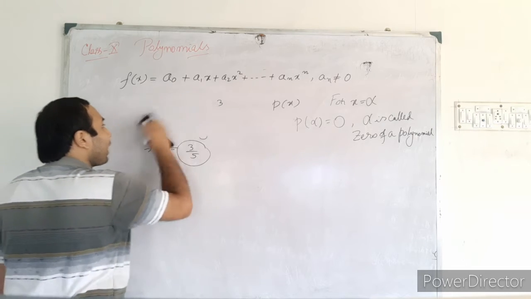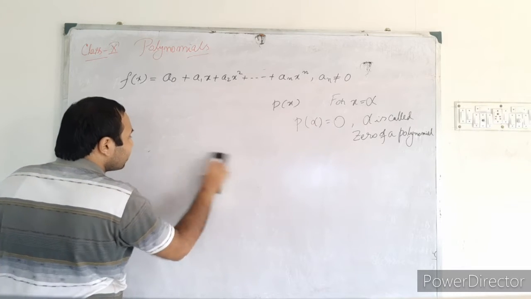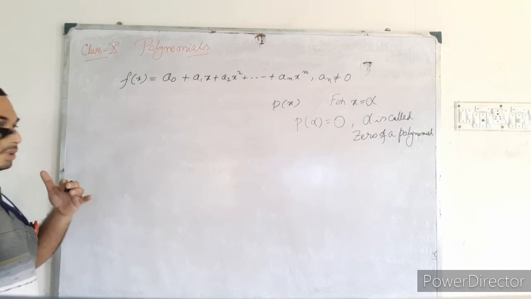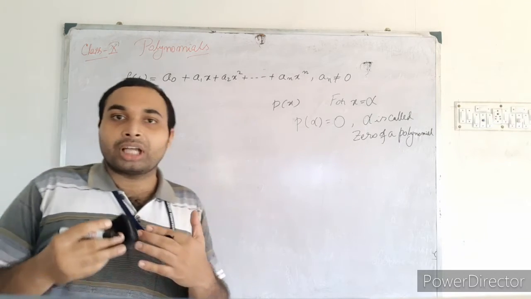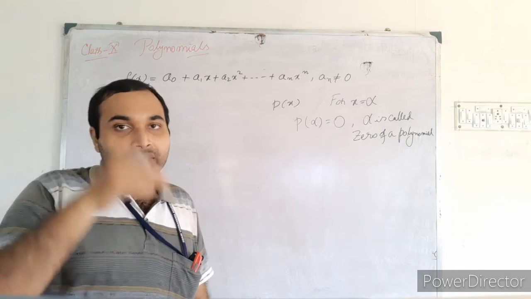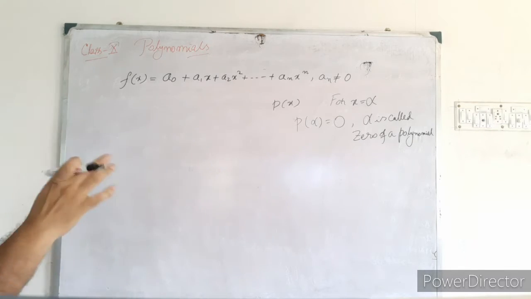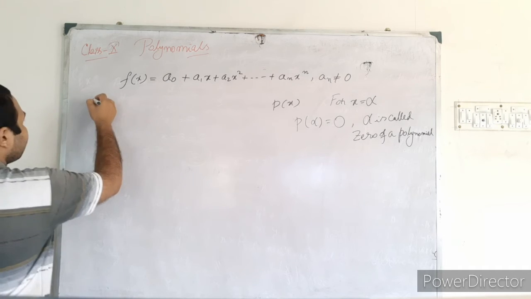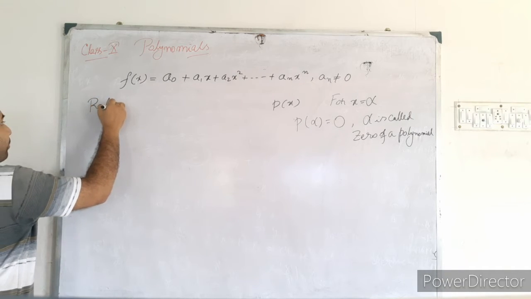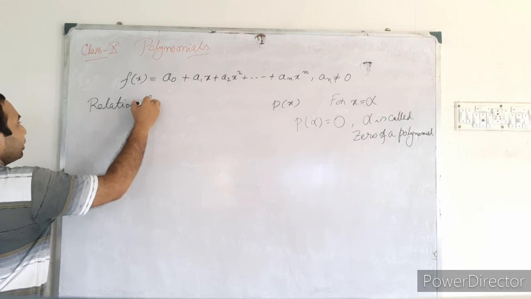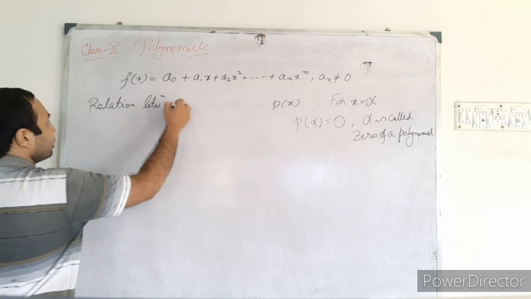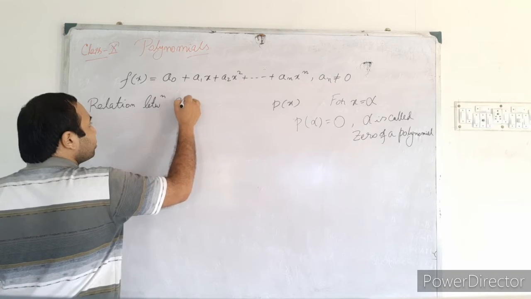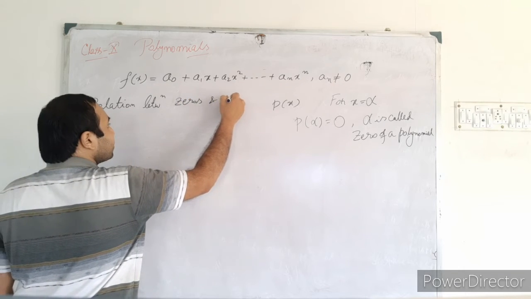Now let us approach another very important concept. Lots of chapters and subjects depend on this. In higher mathematics you will see lots of concepts are interrelated with this one, that is, the relation between zeros and coefficients.